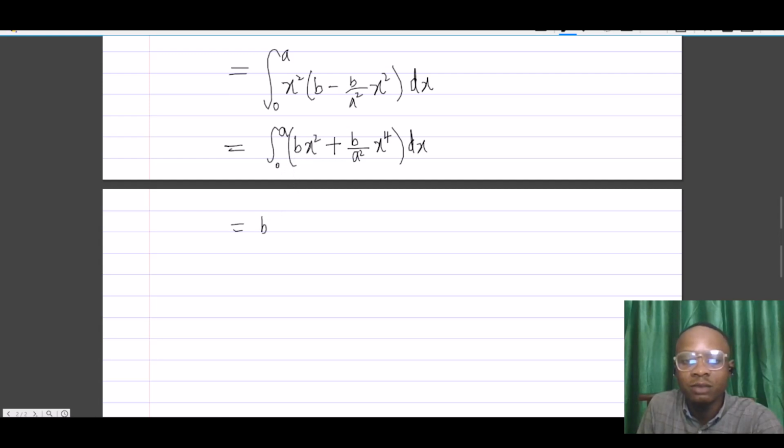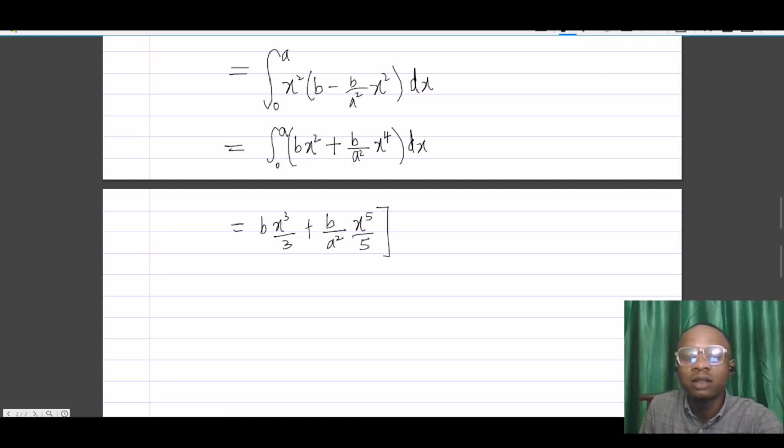We're going to have b, then the integral of x squared with respect to x, that's x to the power 3 over 3, plus b over a squared, which is a constant so we can leave it out. Then the integral of x to the power 4 with respect to x is x to the power 4 plus 1, that is 5, divided by 5.